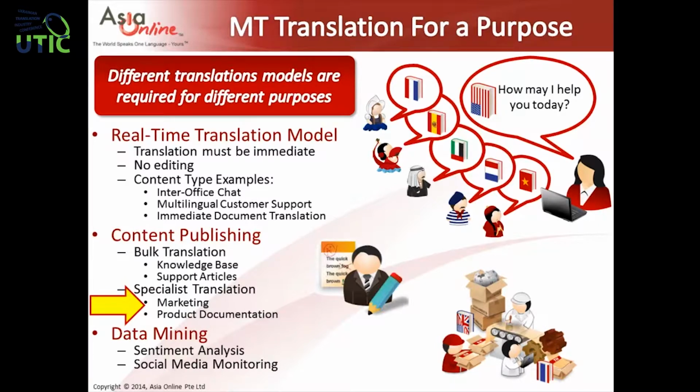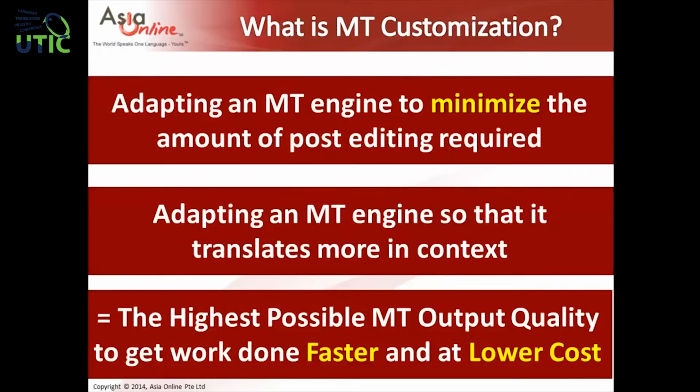MT is very good for real-time translation of inter-office chat and knowledge bases and just massive amounts of content that just would not get translated. So it has clearly a value there. It has less value in really high quality translations where it's very important that it doesn't look like it was done by a computer, and you need much more skill to do that.